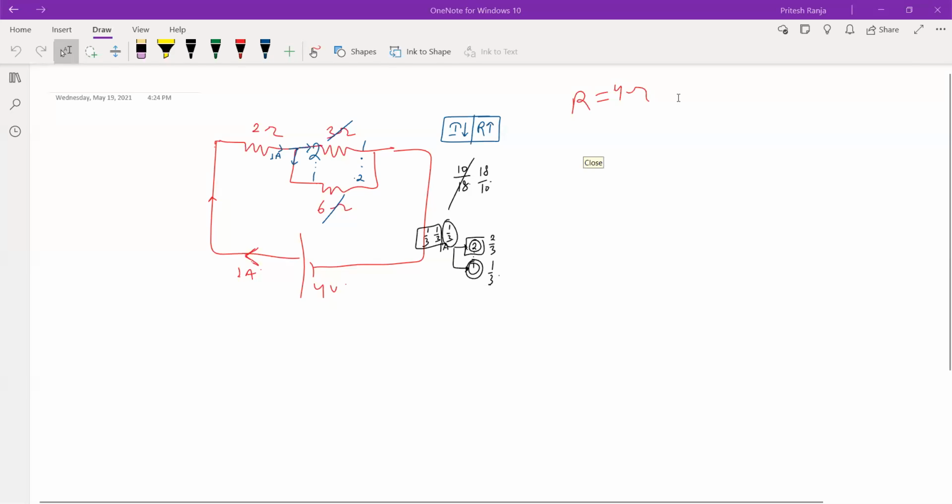We also discussed the units of energy, including the commercial unit of energy, kWh, kilowatt hour. One unit is 1 kWh, that is 3.6 into 10 to power 6 joules.